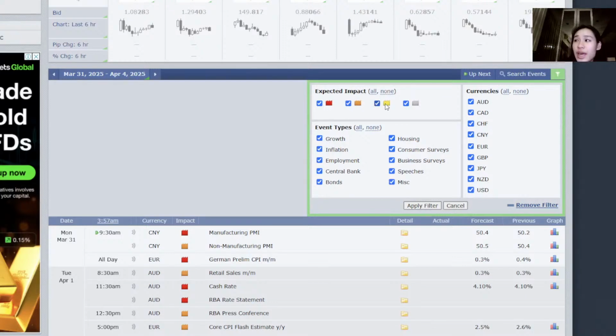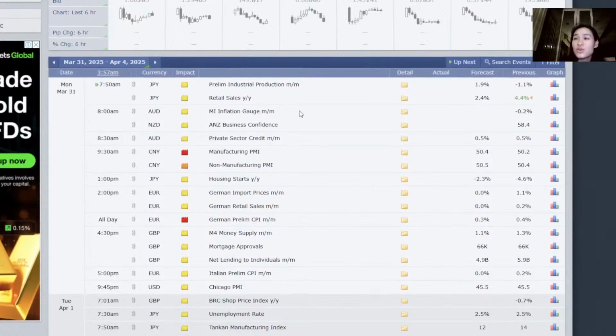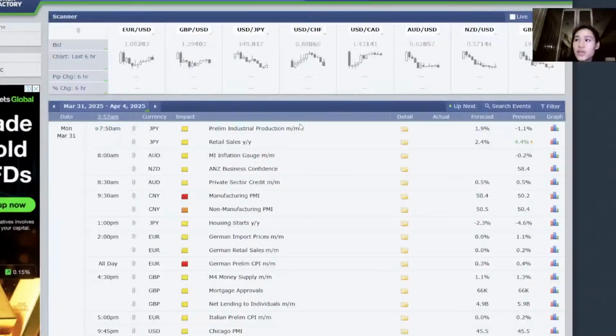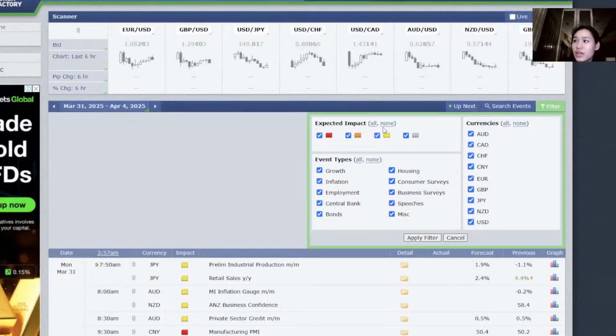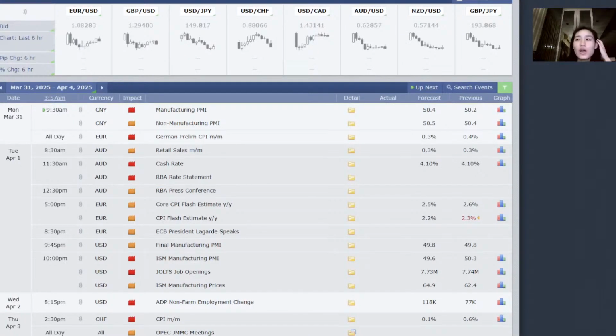But you can also look at the lower impact icons, which are represented by the yellow calendar emoji. So you can see there are a lot more events to cover. That's why we just streamline it and focus on the medium to high impact events. This helps us get an idea of when prices will be affected by data releases or policy decisions, things like that.